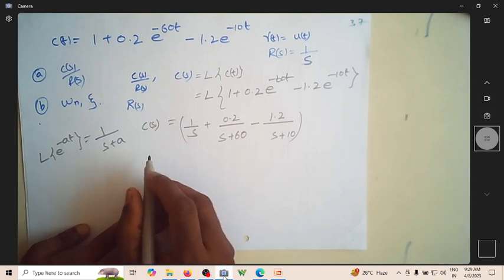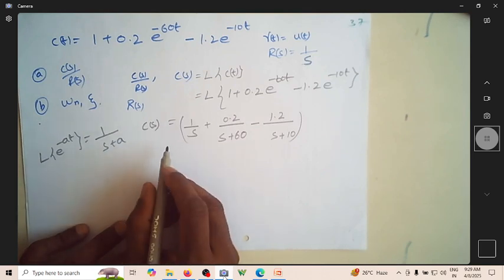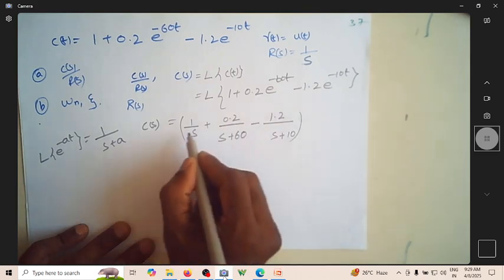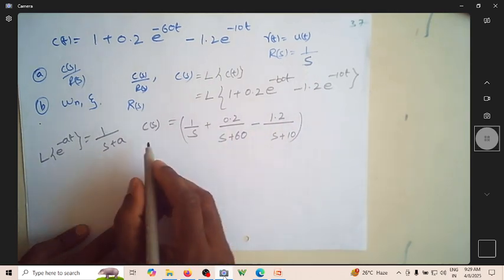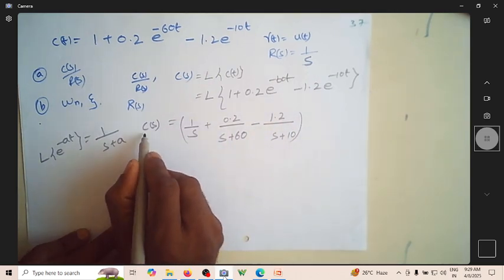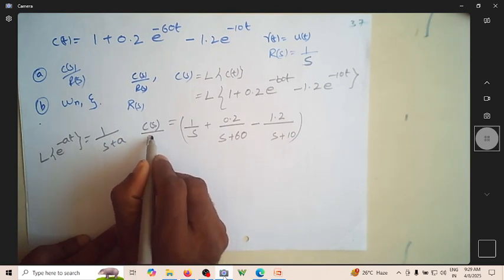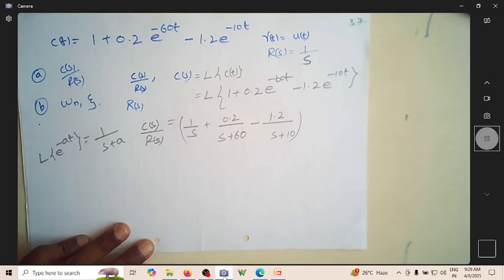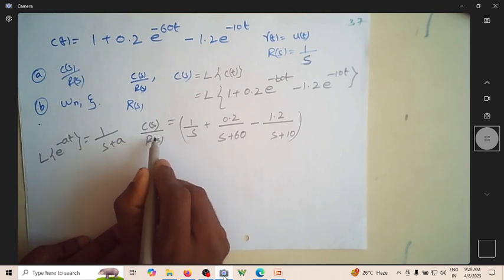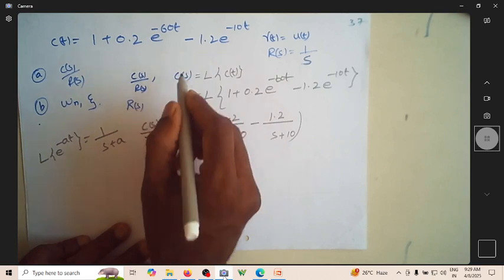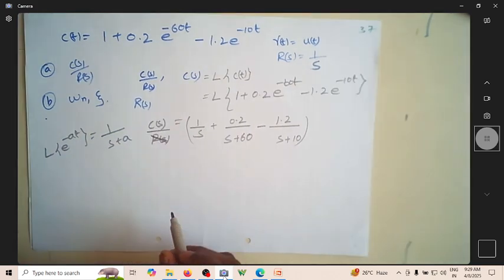So now we are supposed to find C(s) by R(s). What is R(s) here? Now c(t) is this.